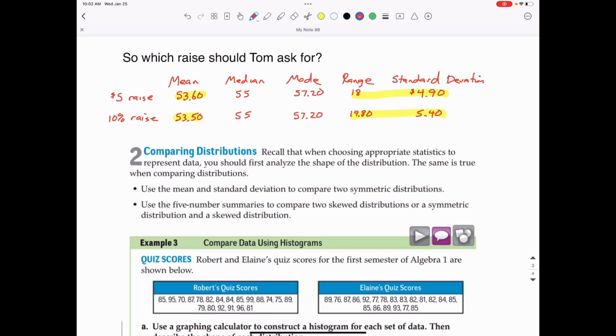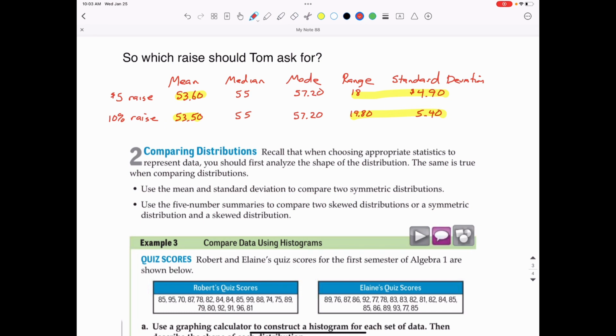The mean is slightly higher, about a dime higher per day or per pay period, and the range and standard deviation are actually lower. A low range and standard deviation actually shows consistency. That means he kind of knows what he's going to be paid basically per day, whereas with the 10% raise, the range and standard deviation is much higher, which means he has a much wider variety of pay, and he also has a lower mean.